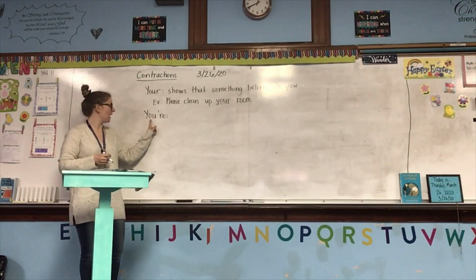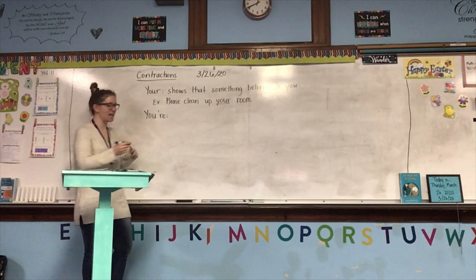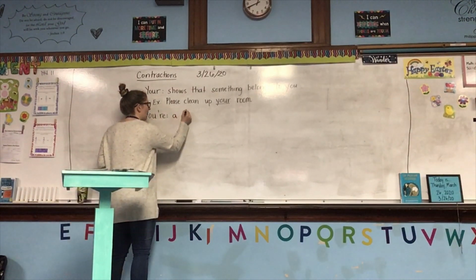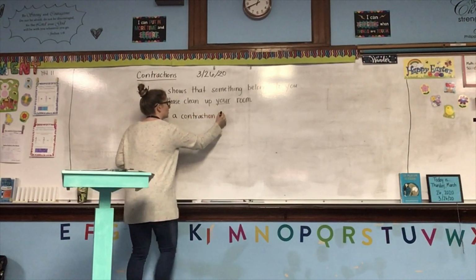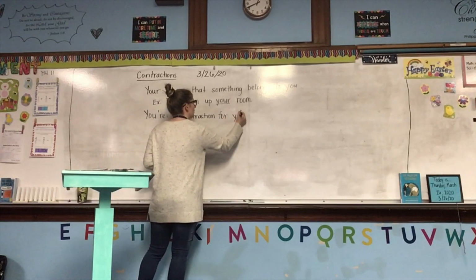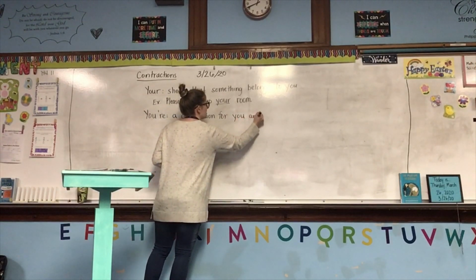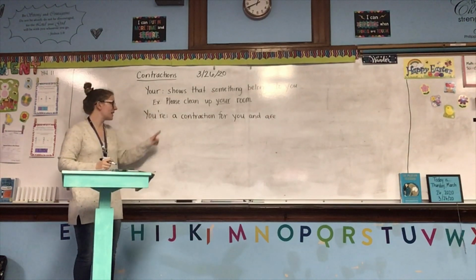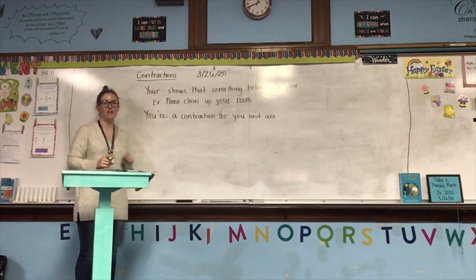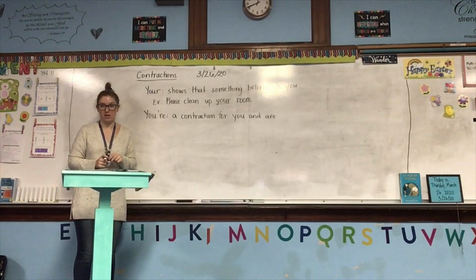You're, spelled Y-O-U-'-R-E, is a contraction for you and are. So that means if you're using Y-O-U-'-R-E, you are not showing ownership.